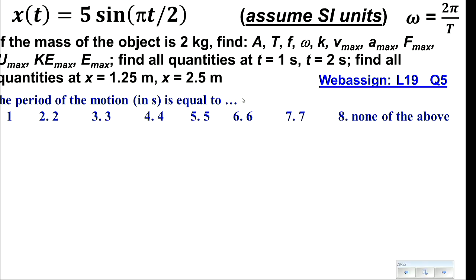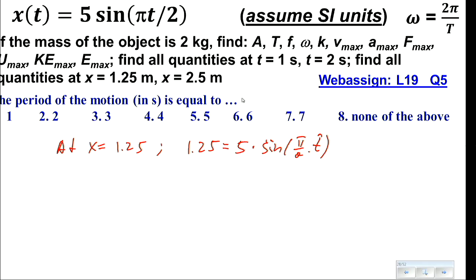So for example, at x equals 1.25, 1.25 is supposed to be equal to 5 times the sine of pi over 2 times that particular time, t-hat. It's not a general running variable, it's a specific instant. Now we have to solve it.